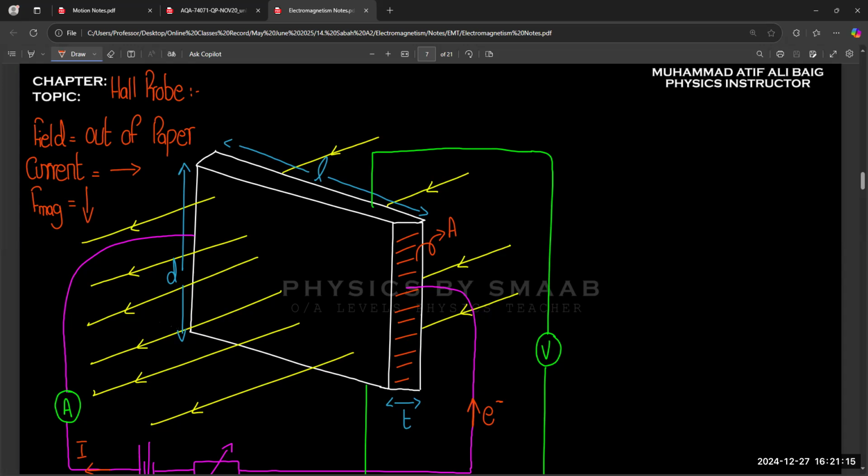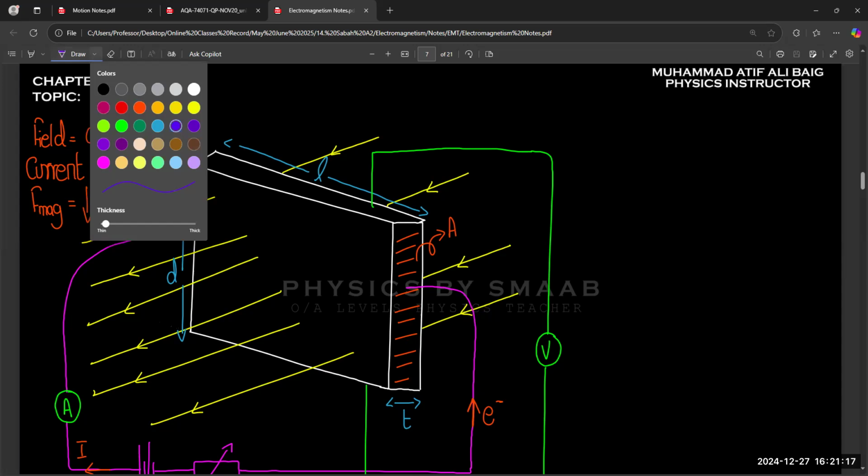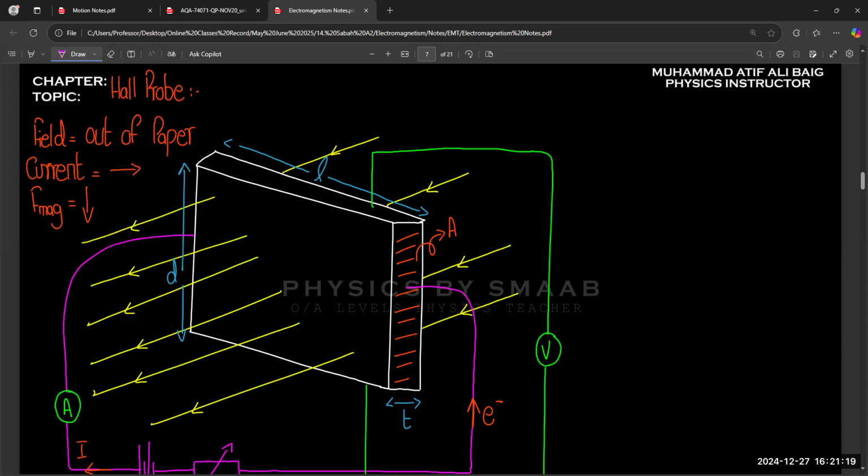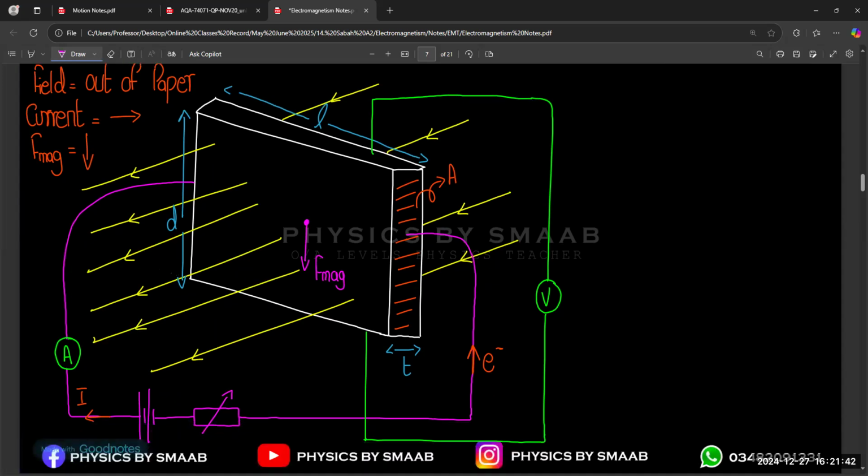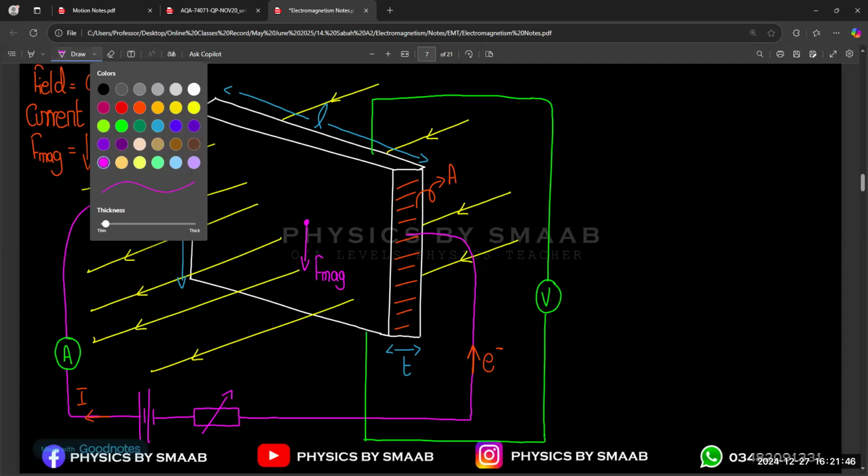Let's suppose force is acting in the downward direction because of the magnetic field. But the electrons, you can see, are on the right-hand side. So all electrons are going to be deflected in the downward direction because electrons are free to move. So electrons deflect in the downward direction like this.